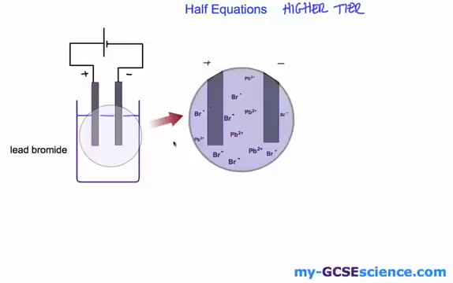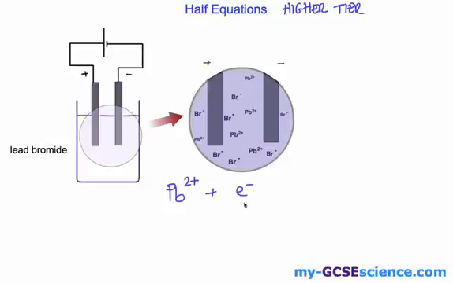Now, this is the example that we used previously, so let's stick with that. Lead bromide, we have at the negative electrode, and we've looked at this before, so we know what's going on, but let's have a look at the half equation. We've got lead, which has a charge of 2 plus, that gains electrons, so we say plus electrons.